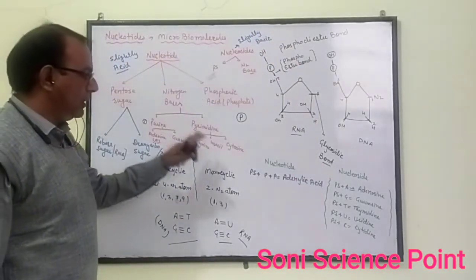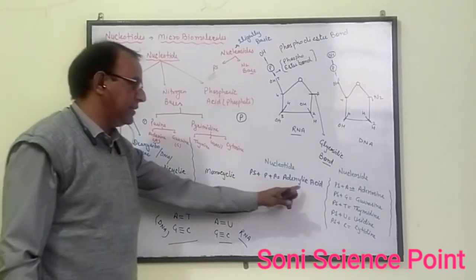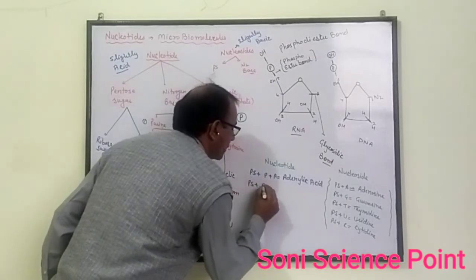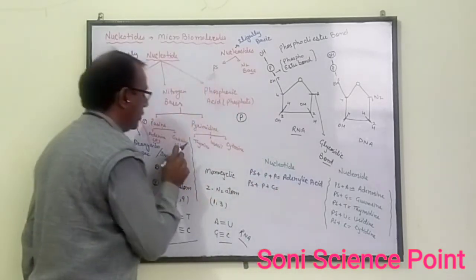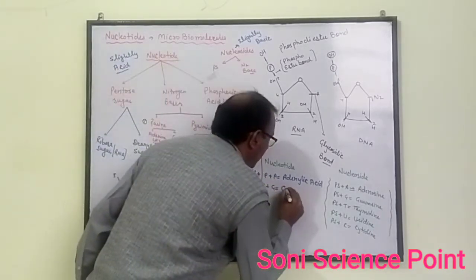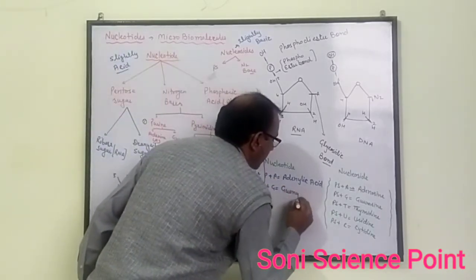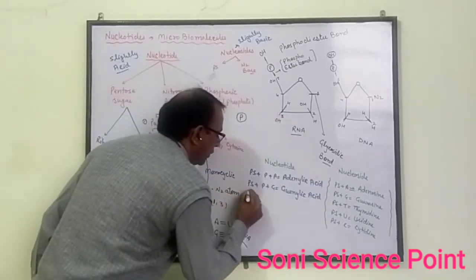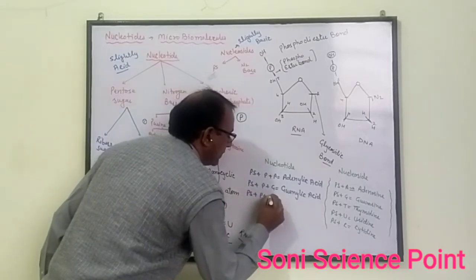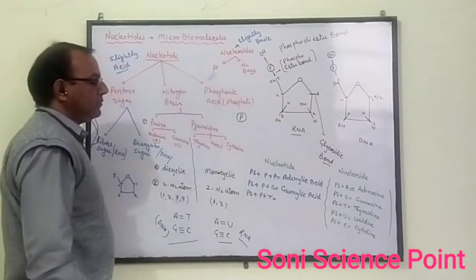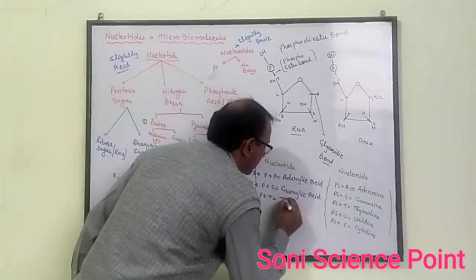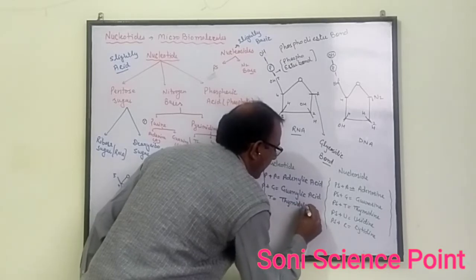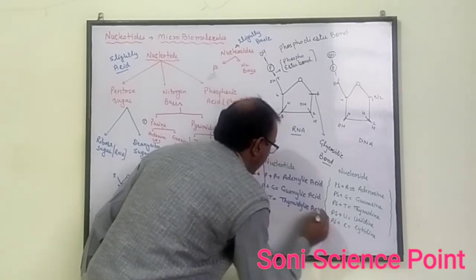So on the basis of phosphoric acid, it is slightly acidic: adenylic acid, and pentose sugar plus phosphate plus guanine is called guanylic acid. Pentose sugar plus phosphate plus thymine is called thymidylic acid.